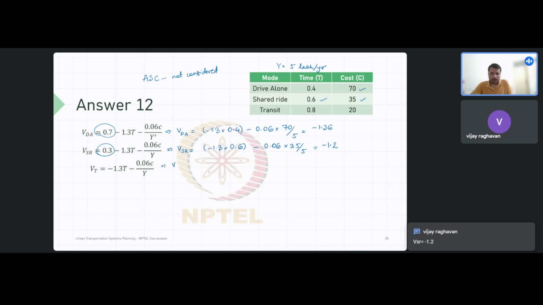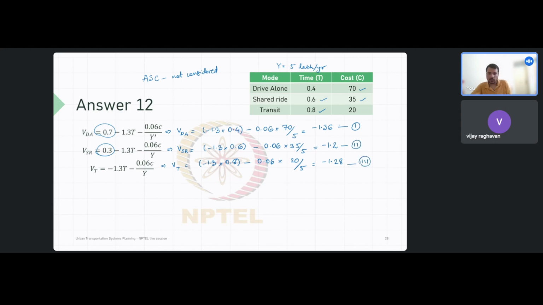Let's do finally for transit. So in transit we don't have any constant term, we can directly take the equation: minus 1.3 times 0.8 minus 0.06 cost 20 by Y 5, minus 1.3 into 0.8 minus 0.06 into 4. This is minus 1.28. So we have the utility for all three.